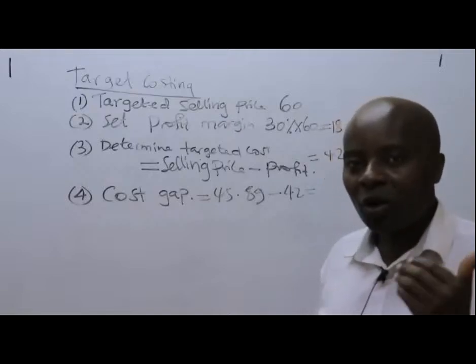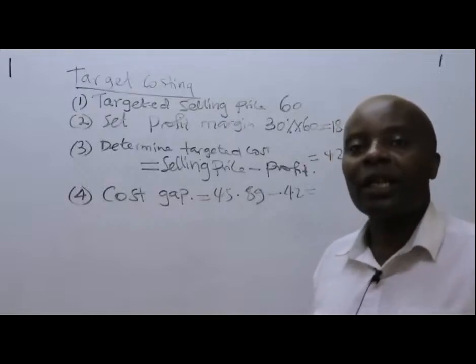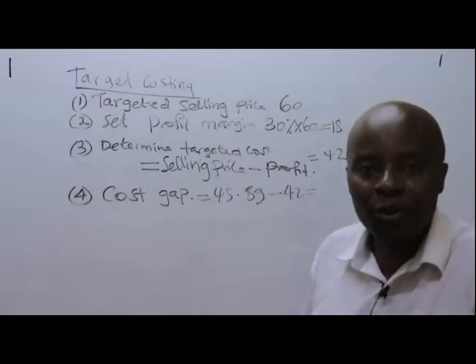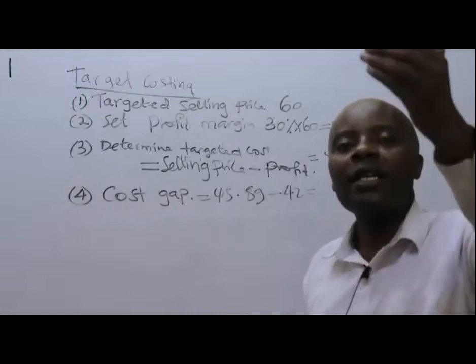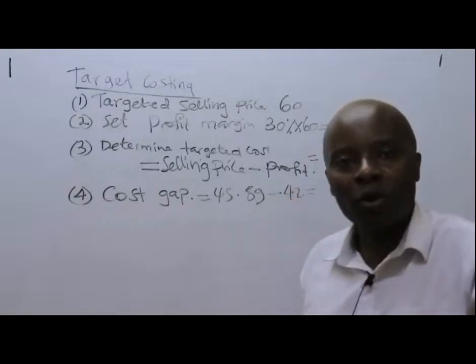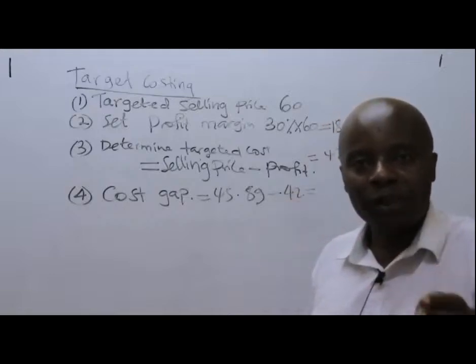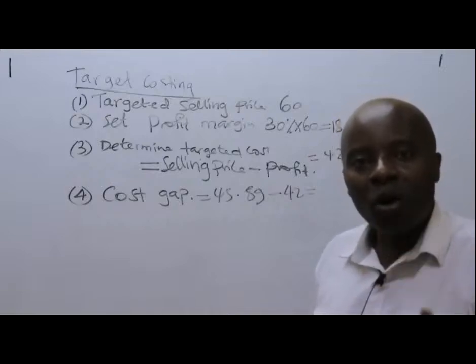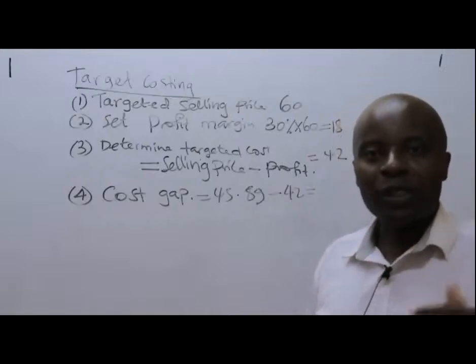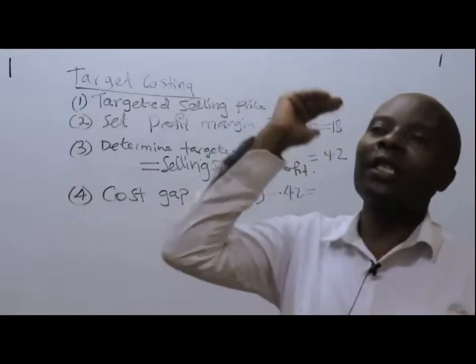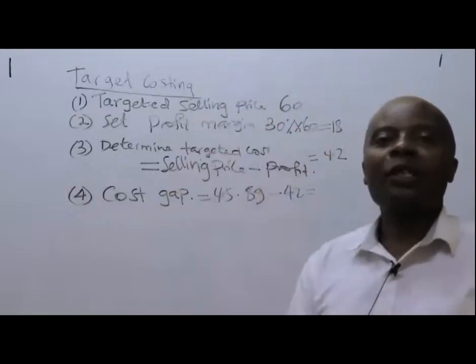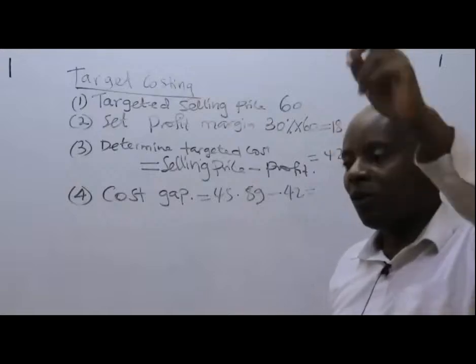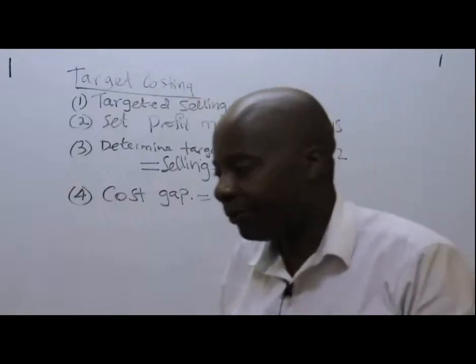Whenever you have a cost gap, it means automatically that your costs of producing the product are higher than the targeted cost. And as such, there are two ways about this. It is either you reduce that gap or you don't produce at all, because target costing gives us the ceiling in terms of costs that we can never go beyond.